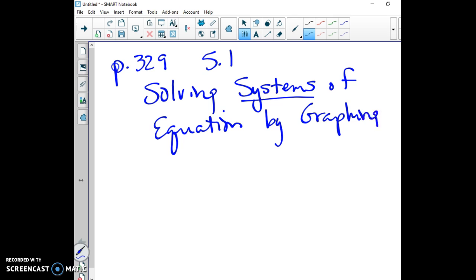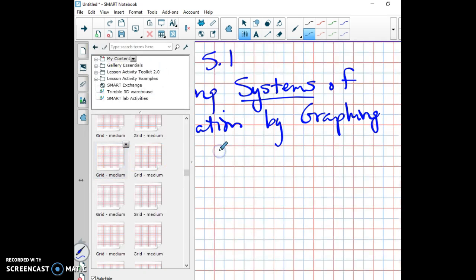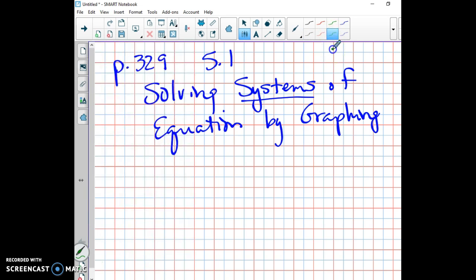So we're good at graphing. We just got done with chapter 4. Everything's good to go. So when we look at a system of equations, we are trying to find the solution. The solution is the point of intersection. In other words, where they cross.